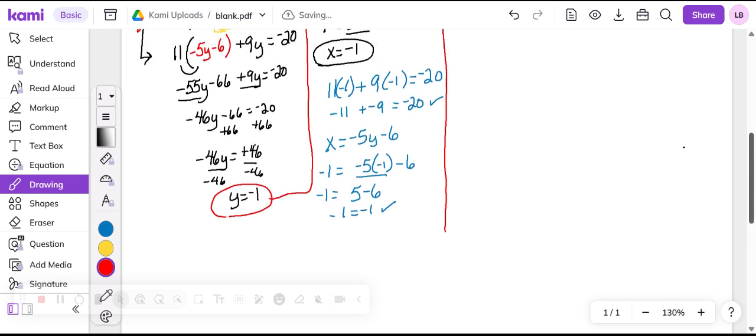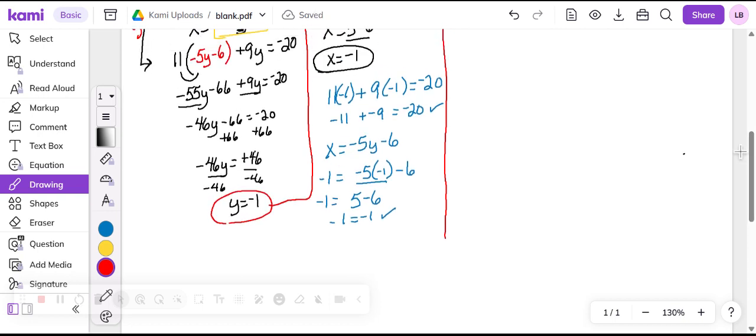Okay, so our second system reads 5x minus 3y equals negative 4, and y is equal to 5/3 x plus 6.